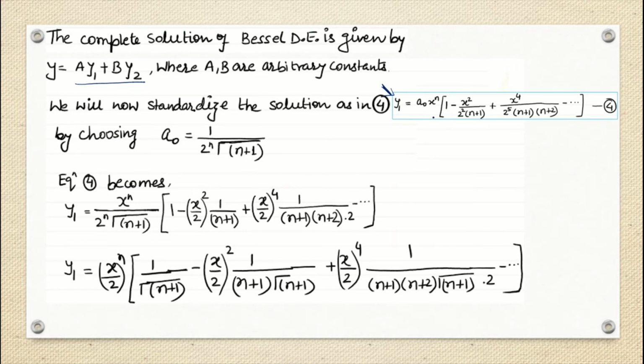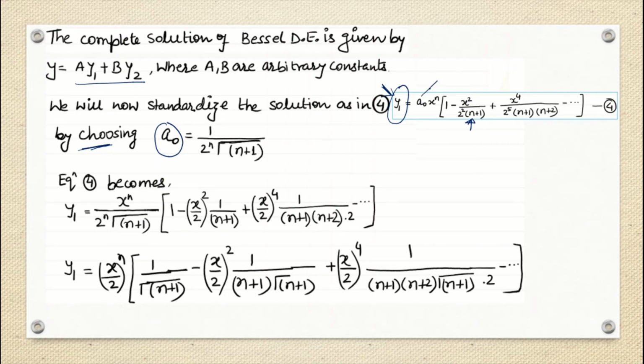Okay, but to standardize this y1, something we need to memorize is the value of a0 that we are choosing, right? Whatever we have got is with respect to your a0. You know that n is nothing but the order of the Bessel differential equation. X is the variable, that is okay.